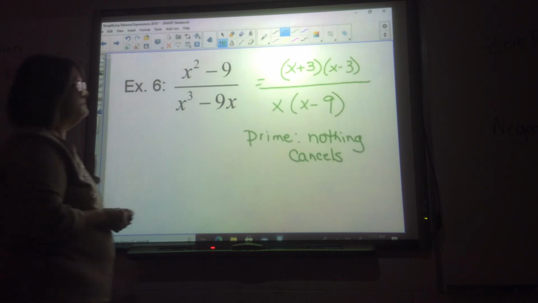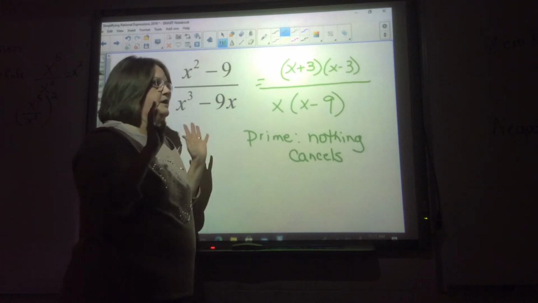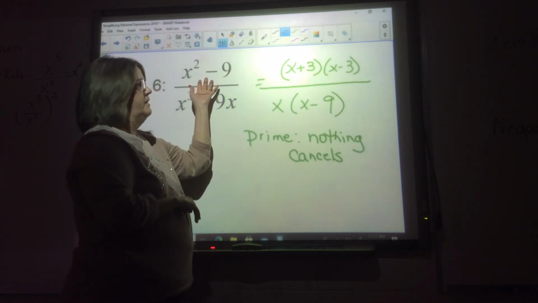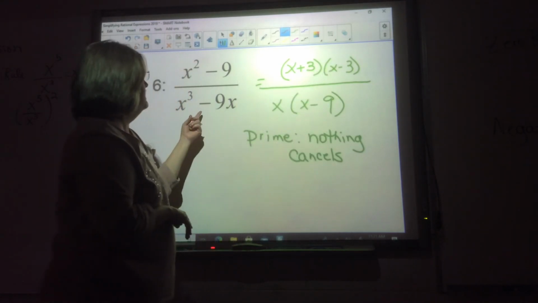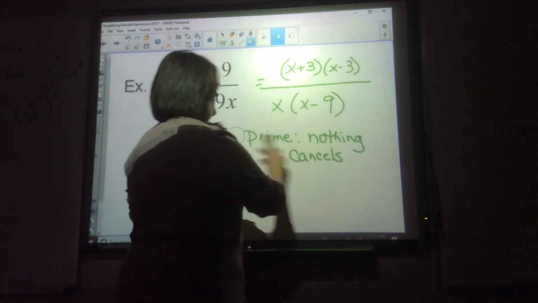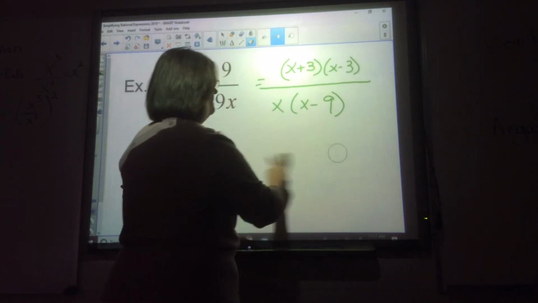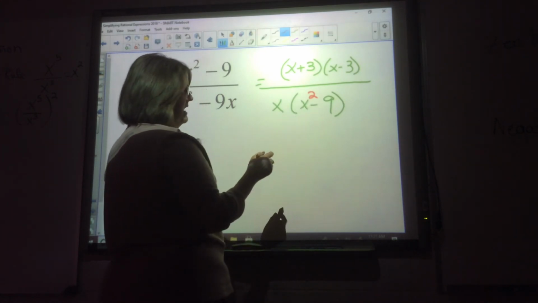On this one, sometimes you can go through the motions of factoring everything, and we're going to factor our numerator. Remember, this is the difference of 2 squares. So it factors to be x plus 3, x minus 3. Going to take a GCF out here. Oops, I just see a mistake. Take the x out, that's x squared minus 9.